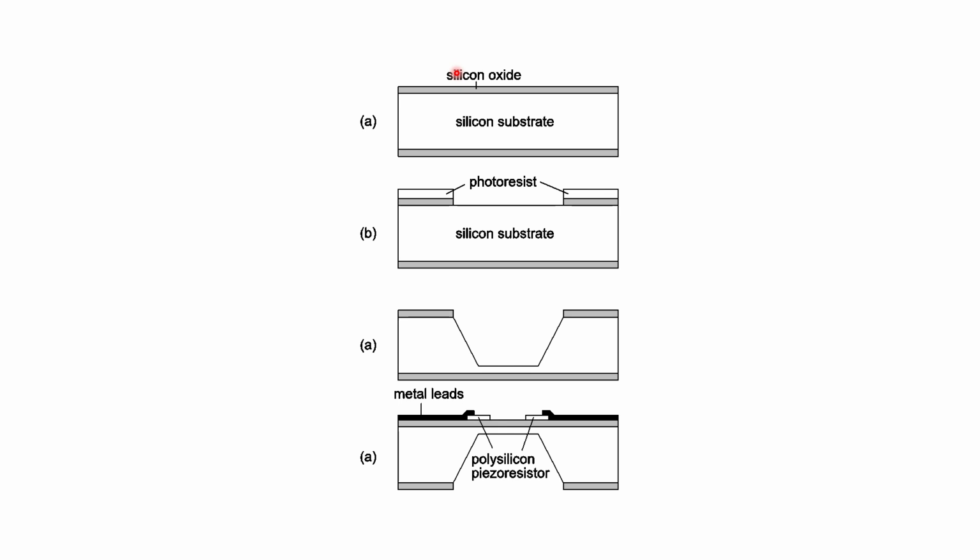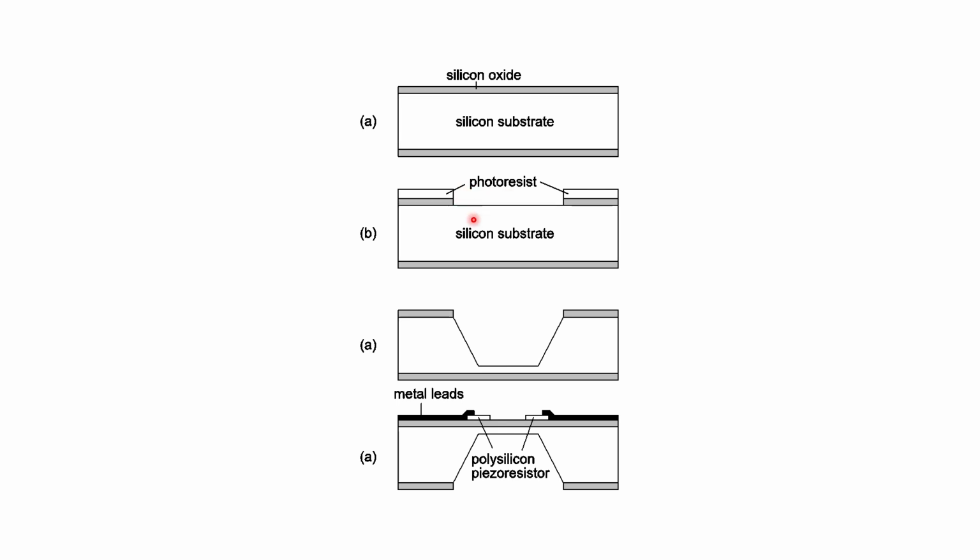Here's one example process where you can use this to make a pressure sensor. You have a silicon substrate, grow oxide on both sides. Use photoresist to pattern the oxide on one side. Oxide is a good resistant to the KOH or EDP etching.